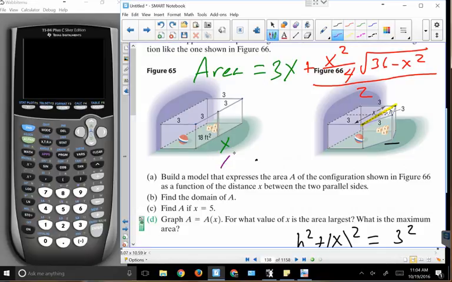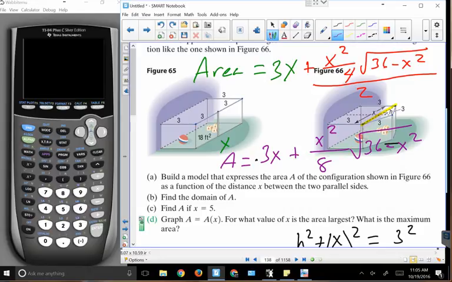So area is going to be equal to, this gets combined together and multiplied through by the 2, so we end up with 3x plus x squared over 8 square root of 36 minus x squared. That just took care of A.